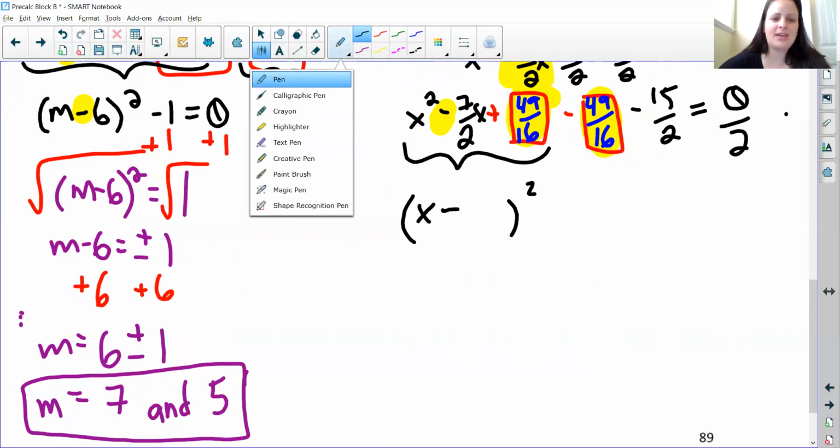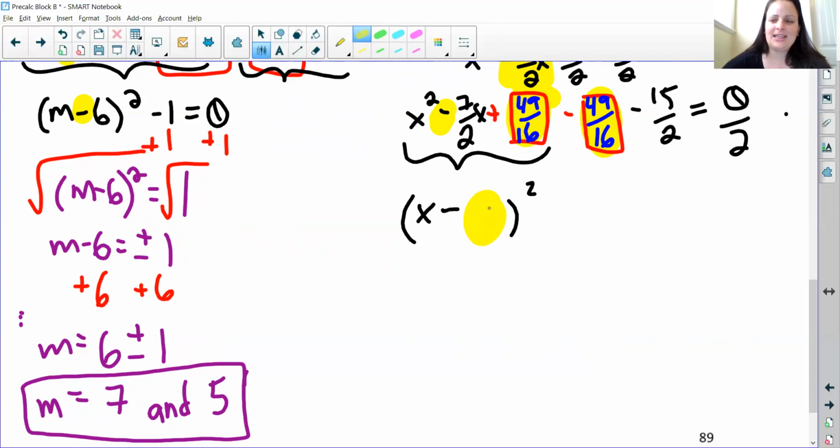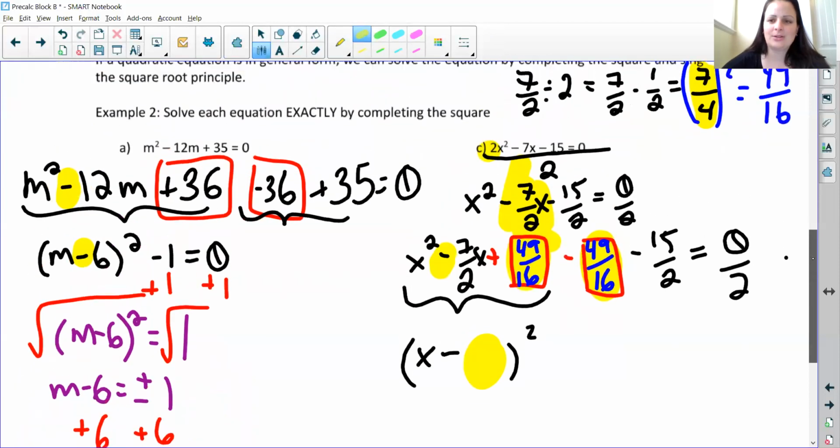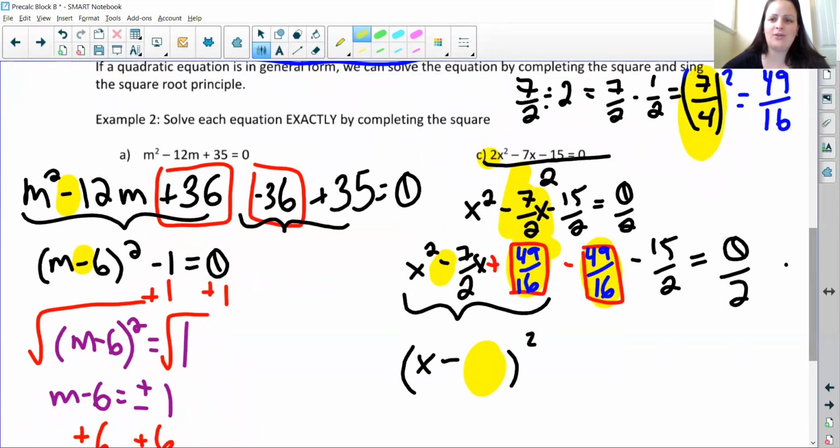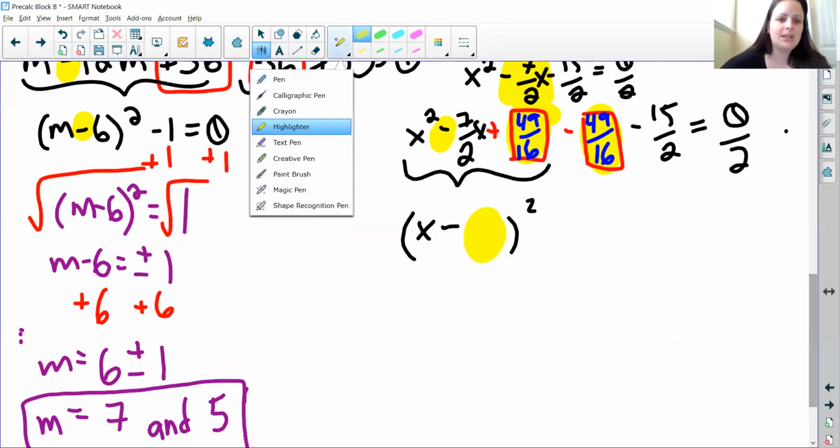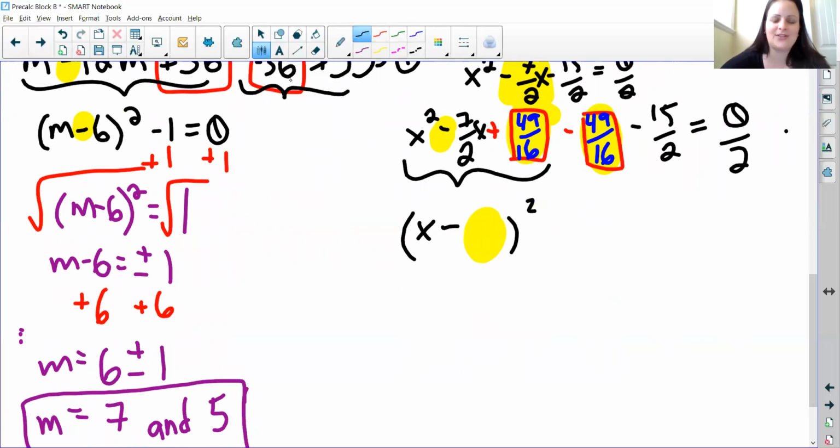And the number that goes in the bracket is the number we found, 7 over 4, because we had to square it to get this. So the number in the bracket is half of 7 over 2, which is 7 over 4, or the square root of 49 over 16, which is the same number, 7 over 4.